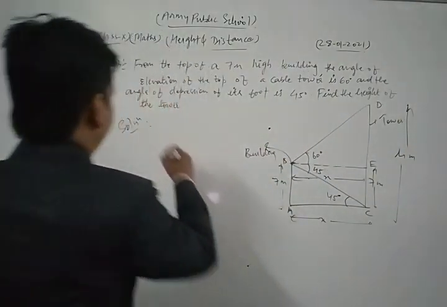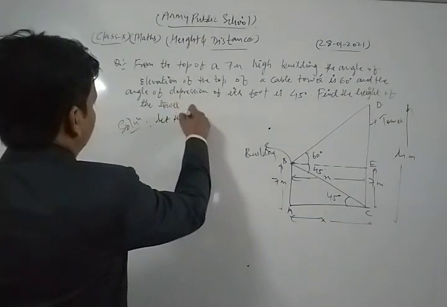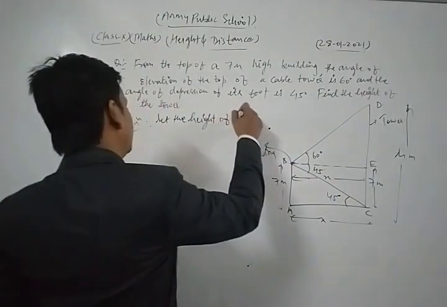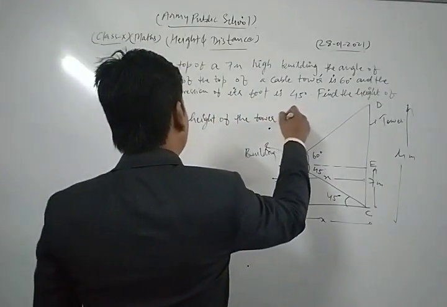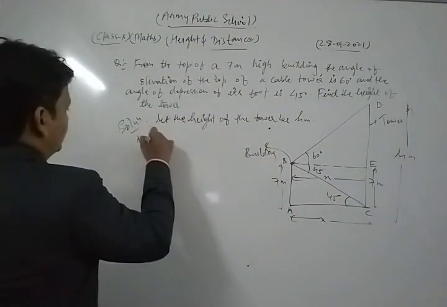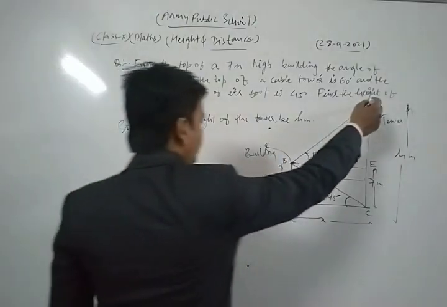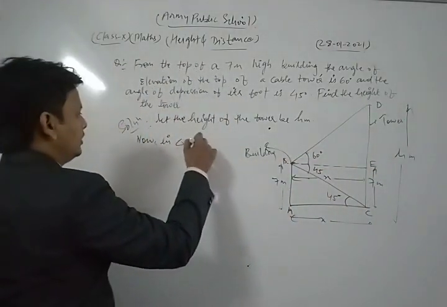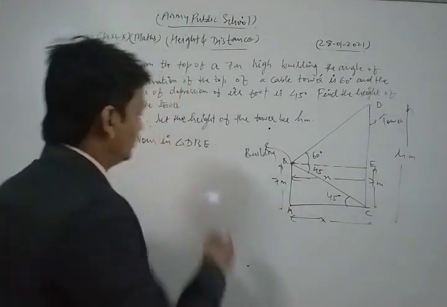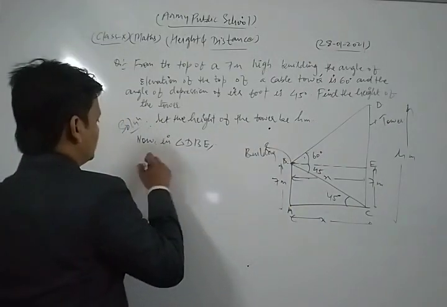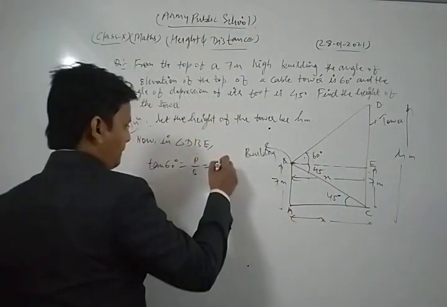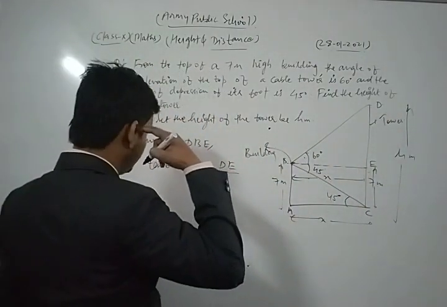Now in triangle DBE we apply tan. Now tan 60 is equal to perpendicular upon base, and here the perpendicular is DE, and its base is x.